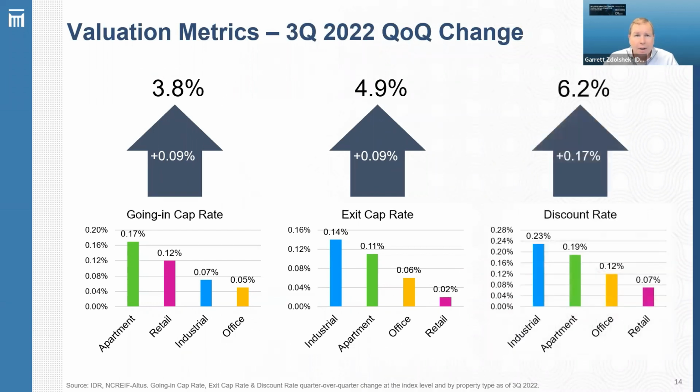And then finally, discount rates are moving as well with the risk-free rate, up 17 basis points for the quarter and up to a 6.2 total across the index. What I thought was interesting was, one, exit cap and discount rates grew the most in industrial because they're starting at the lowest basis. So as we think about values, I think it's really important to think about where that risk-free rate is.